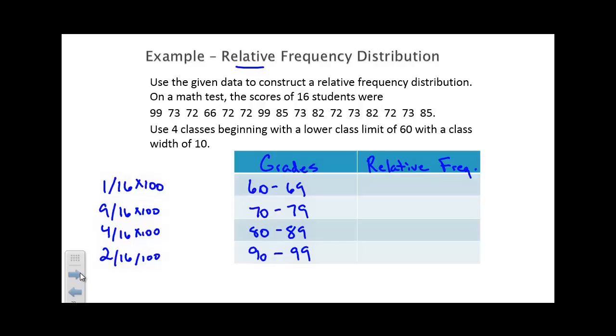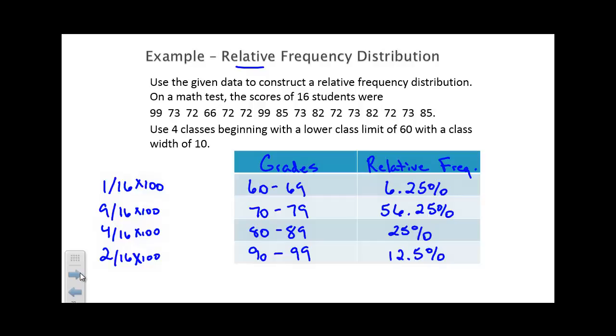So now, 1 divided by 16 times 100, I'm not rounding anything here, I'm going to keep those decimals, that's 6.25%. 9 divided by 16 times 100, 56.25%. 4 divided by 16 times 100, 25%. And then 2 divided by 16 times 100 is 12.5%.